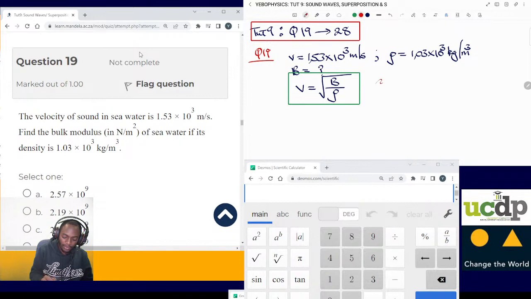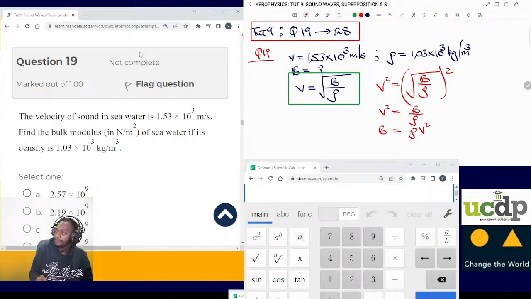To rearrange, remember we're solving for the bulk modulus, so we can square both sides. That will be v squared equals the square root of B over rho, and we square that to remove the square root sign, so this becomes v squared equals B over rho, which means the bulk modulus is equal to rho v squared.